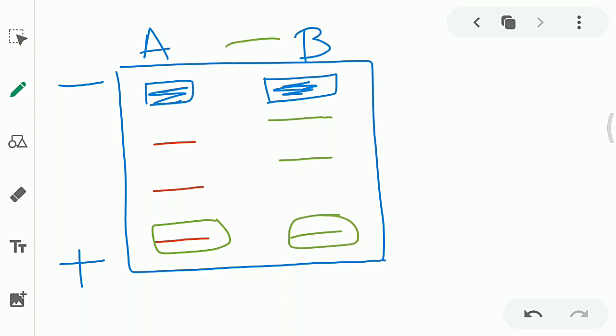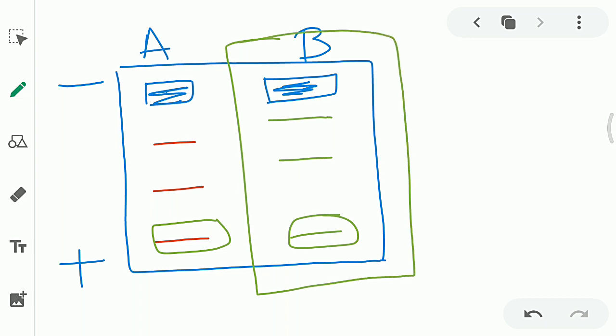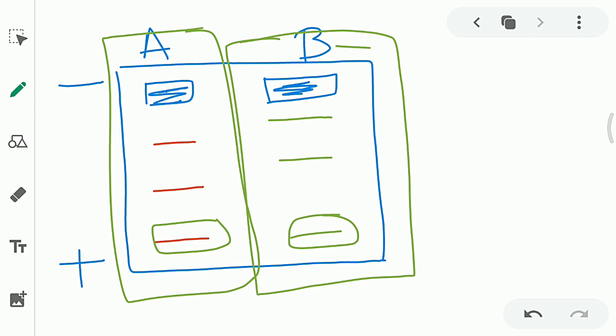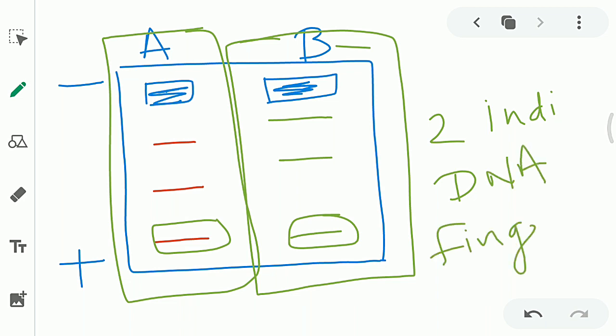But altogether, this pattern is unique to individual B, and this pattern is unique to individual A. So RFLP helps us to differentiate two individuals. RFLP is also known as DNA fingerprint. Why is it known as fingerprint? Because this pattern is unique to one of the individuals.